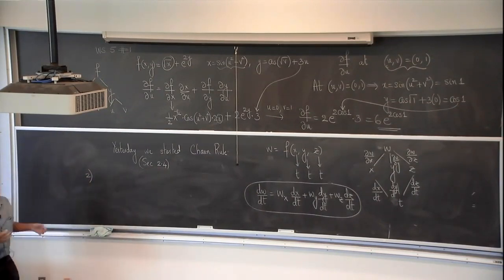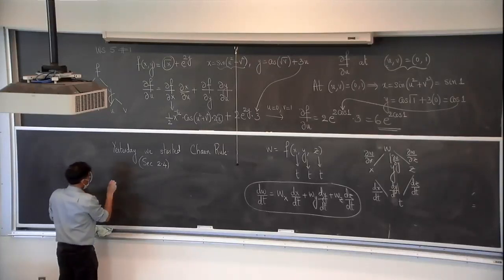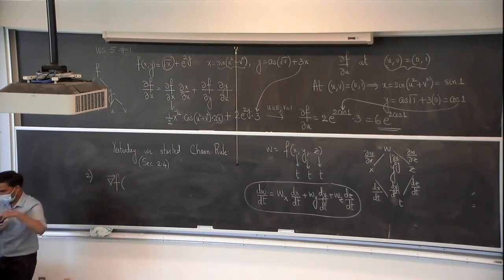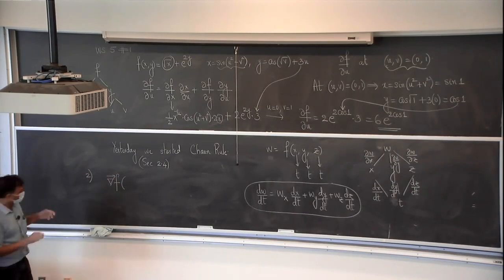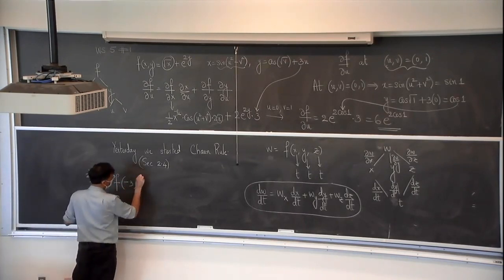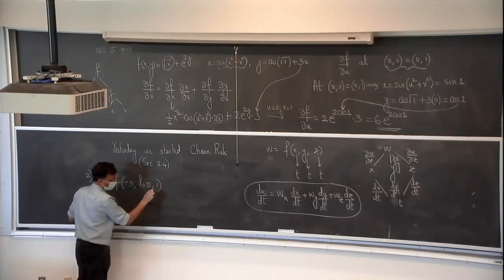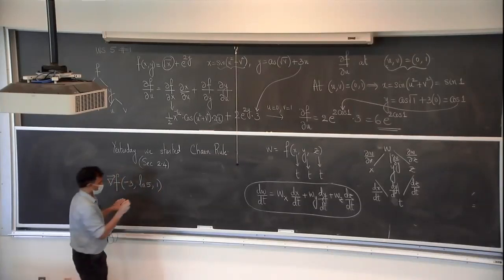We're given, now we got back to 3 variables, f of x, y, z. The gradient of f at the point (-3, ln 5, 1) is (-3, 5, 2).